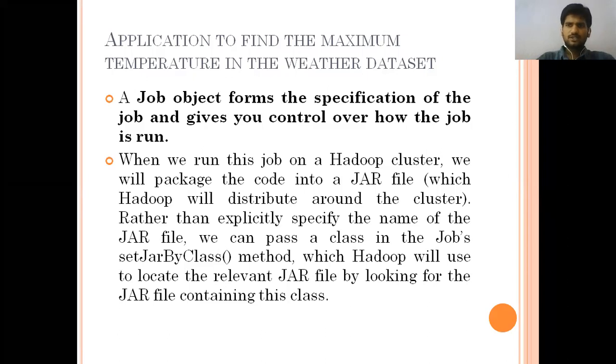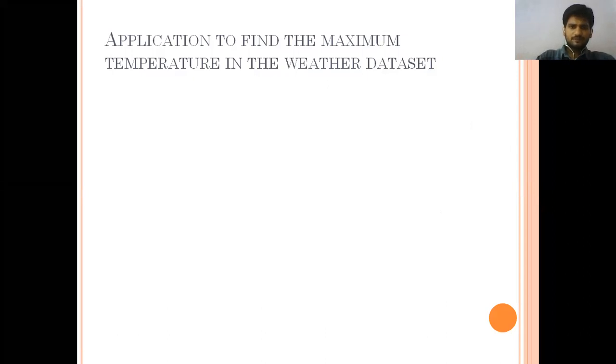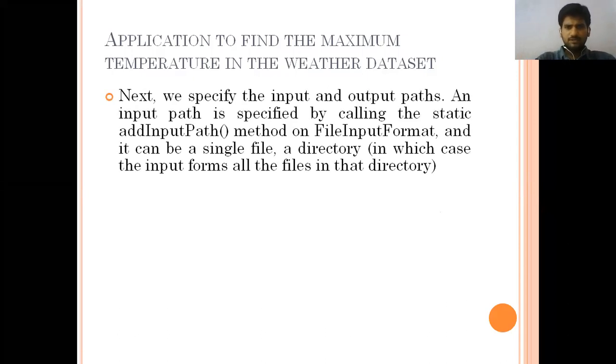This is also in the programming line, setJarByClass. This is also part of the program, that's why we explain it here. Again, the next step is to specify the input and output paths. An input path is specified by calling the public static addInputPath method on FileInputFormat.